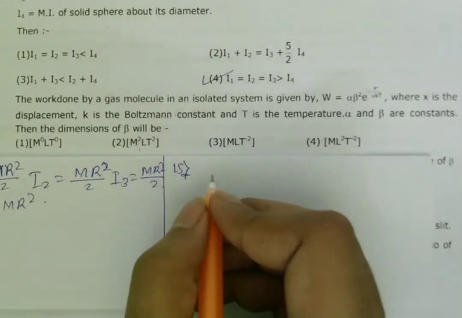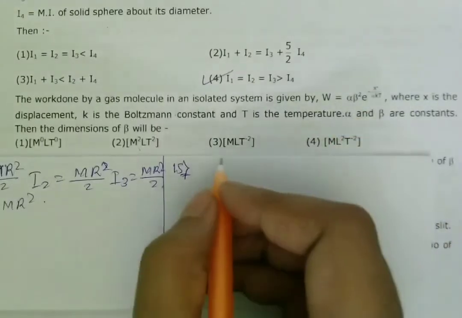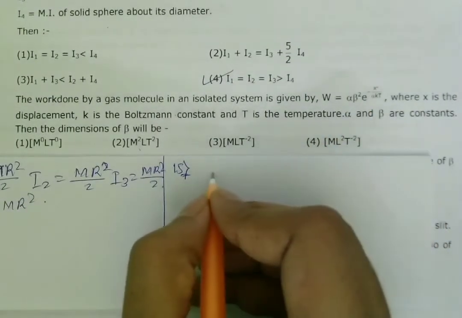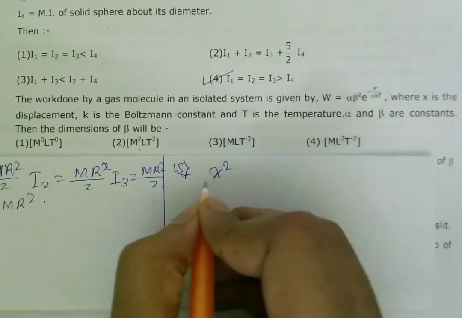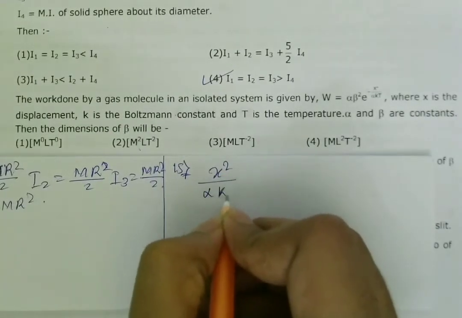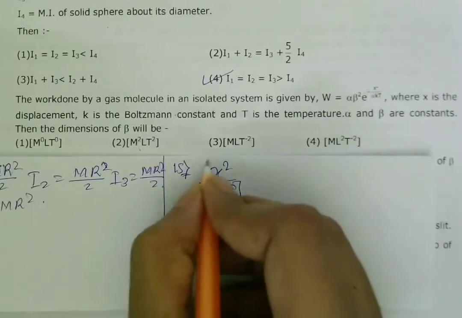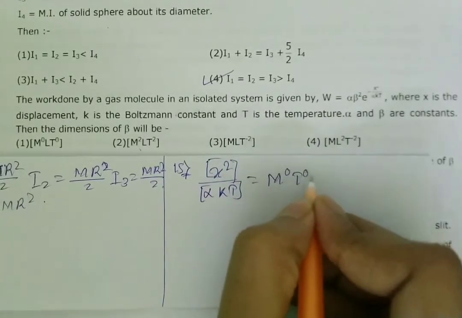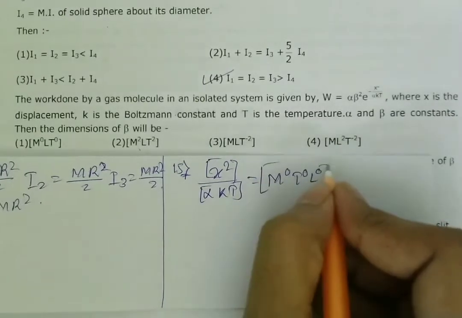15 is from units and dimensions. As we know that the exponential term should be dimensionless, so we can say x square by alpha k theta will be dimensionless.